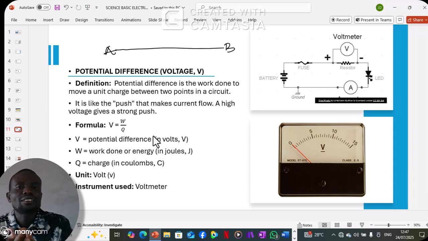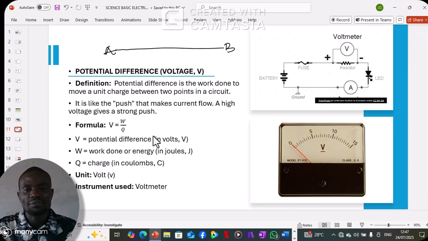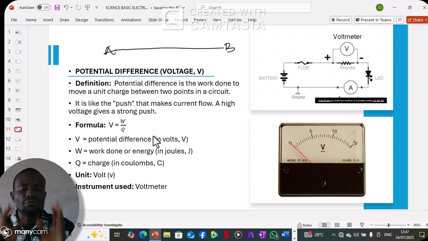After those electric charges have been produced in a conductor, something is needed to push them to flow. That thing is called potential difference. It's also known as voltage, and we use letter V to denote voltage. Whenever you see V, it means potential difference. So it is the work done. It is a push, something that will cause the electric charge to move from one point to another.